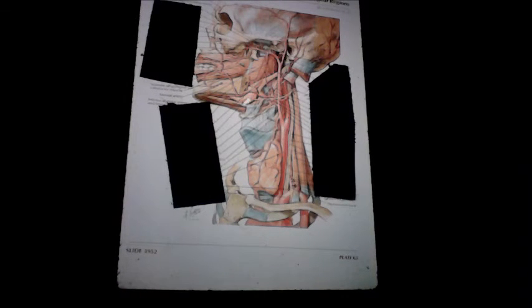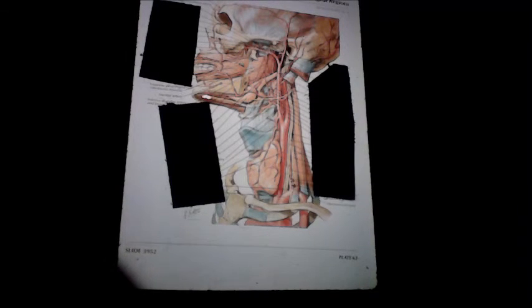It's also nice when you can see up underneath the chin, the submental part of the lingual, which then radiates up into the tongue, and then the facial, which crosses over the mandible, labial branches, angular branches, all vascularizing the face. These are the ones you're more interested in, the labials.